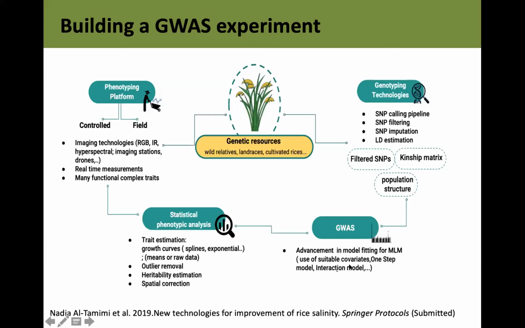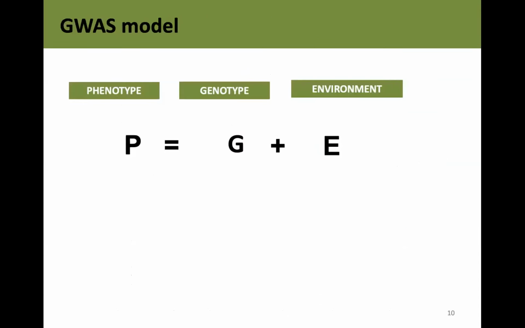And then I also focus on the GWAS analyses. So is there a way to improve mixed linear models? Like, should GWAS be more tailored depending on the type of data you have? So here I'm going to be talking about a proposed model called the interaction model. So what is a GWAS model?